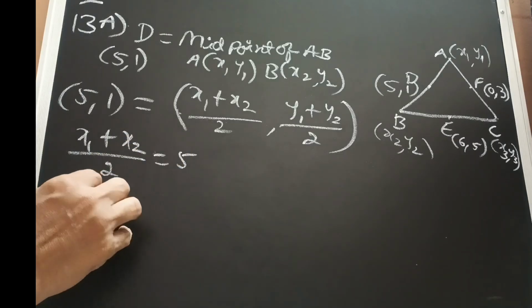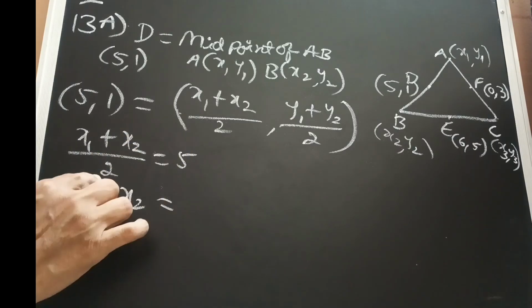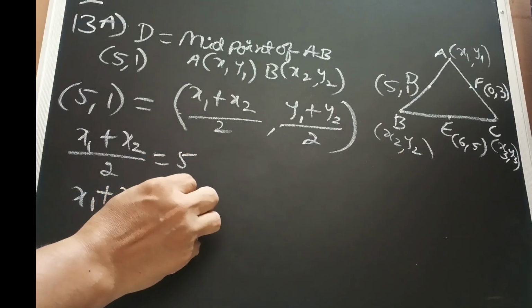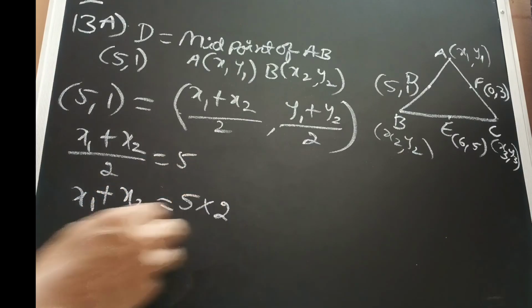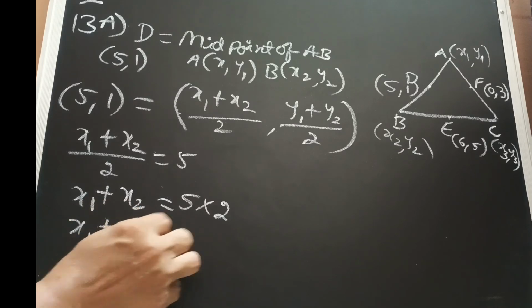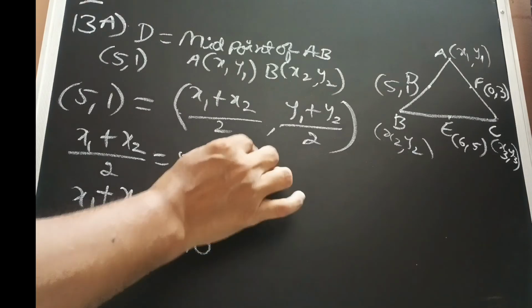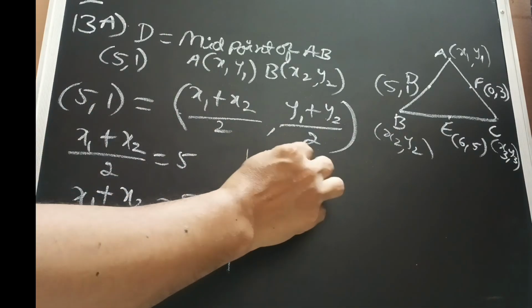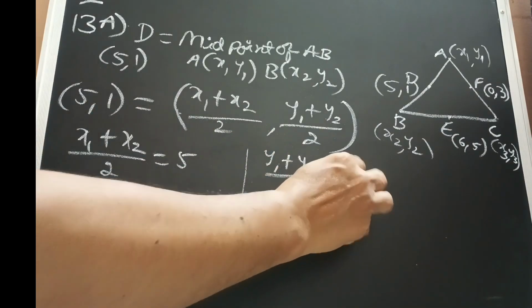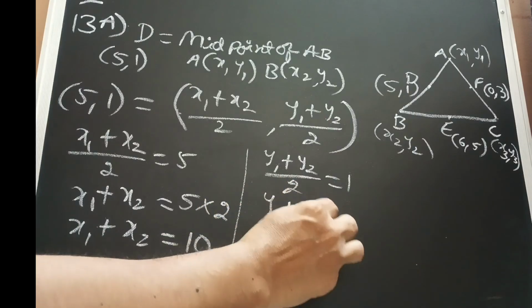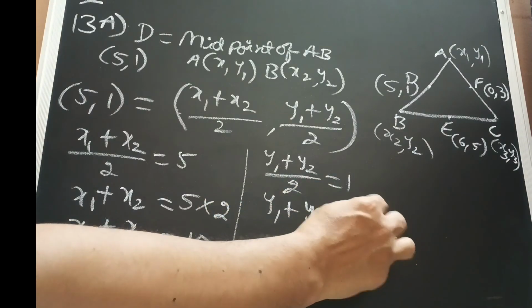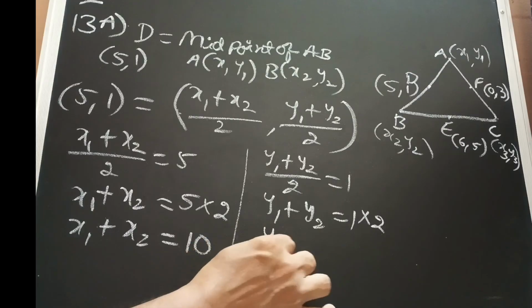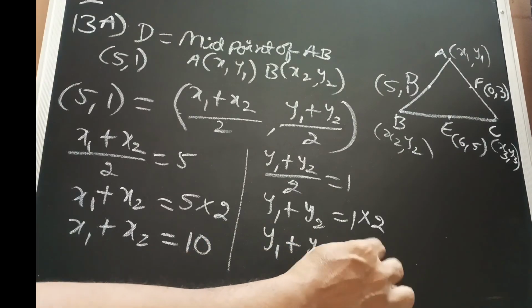Transposing 2 to this side, x1 plus x2 is equal to 5 into 2, so x1 plus x2 is equal to 10. Similarly, y coordinate equals y coordinate, so y1 plus y2 by 2 is equal to 1, and y1 plus y2 is equal to 2.